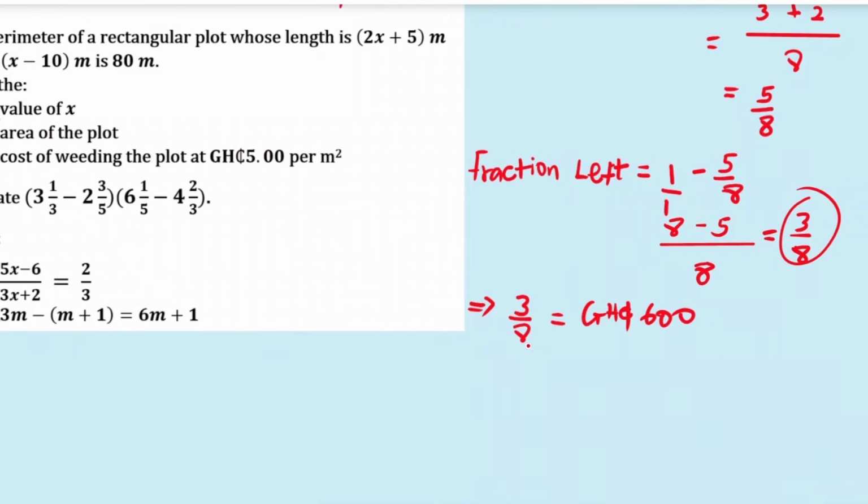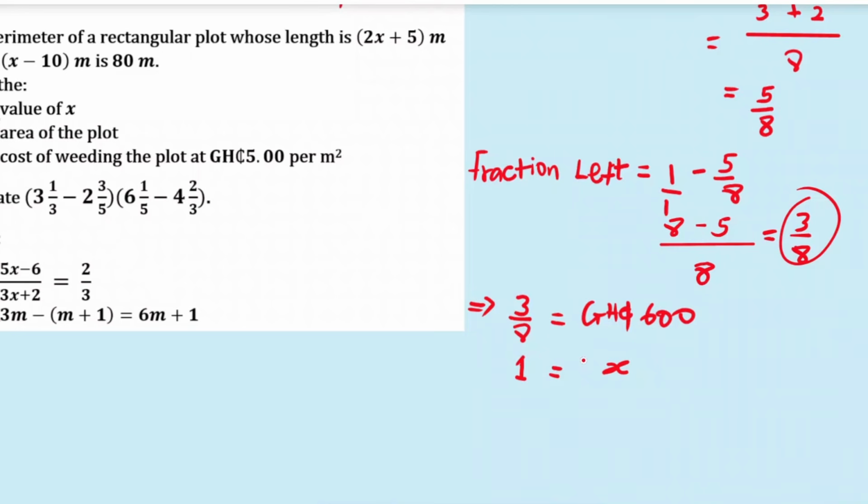So if 3/8 is equal to 600 Ghana cedis, then 1 will be equal to what? 1 is the total amount of money that was withdrawn from the bank in terms of fraction. So you can use a letter, x, for that.